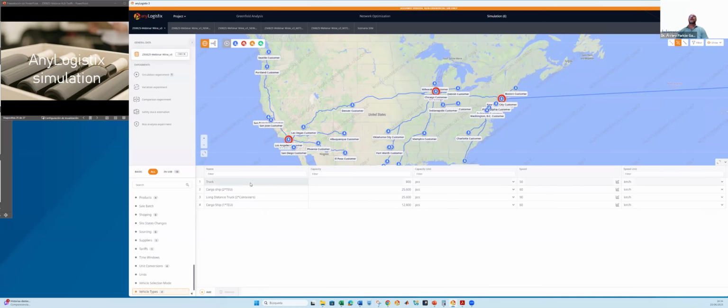So we need to define the trucks, and in most of the anyLogistix webinars or examples, you're going to see capacity expressed in cubic meters. It is really typical that you express capacity in volumes, but I just decided to change it a little bit to make you understand that we can also work with units.